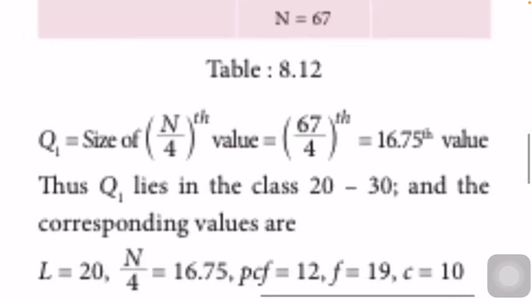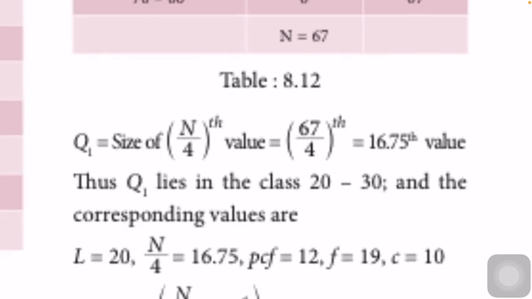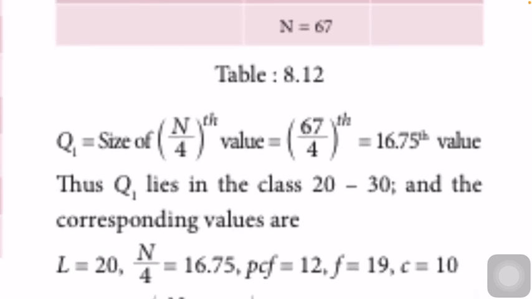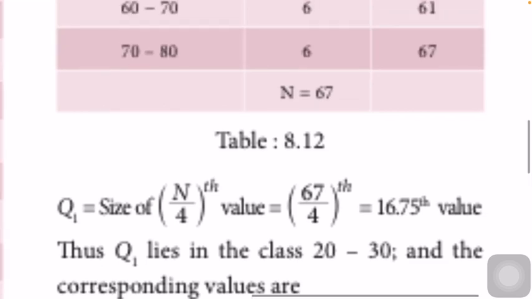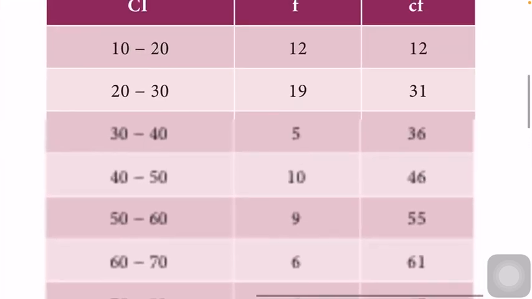After calculating that, first Q1. Q1 is the size of n by 4th value. We have to first fix which class interval it falls in. So the size of n by 4th value, that is 67 divided by 4, that is 16.75. Where does 16.75 come? It is greater than 12, so it comes in the 20 to 30 interval.